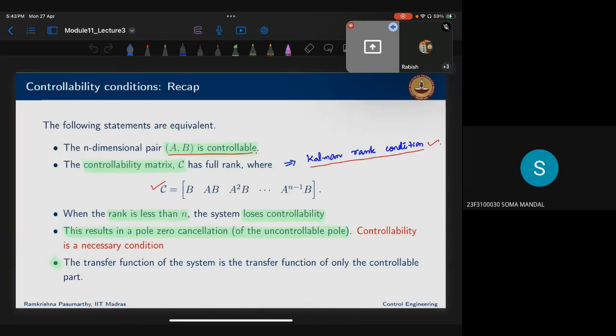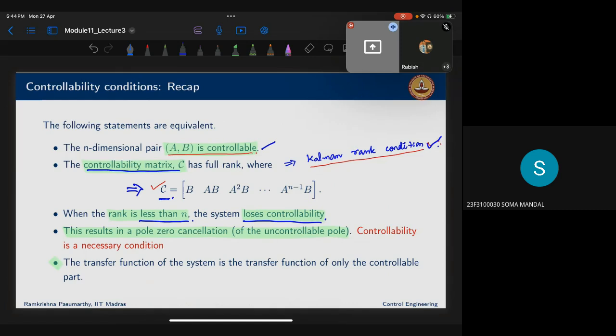Now again you can see we just saw this A B controllability. Simply we check the rank condition for this controllability matrix, which we also call the Kalman rank condition. This was derived by Kalman. So we check the rank of this matrix C. If the rank is less than n, we say that the system is uncontrollable.